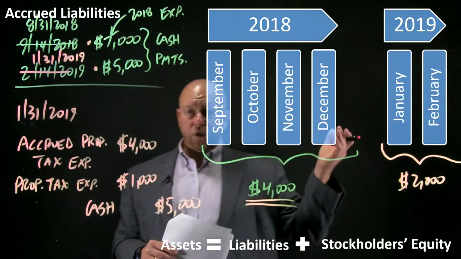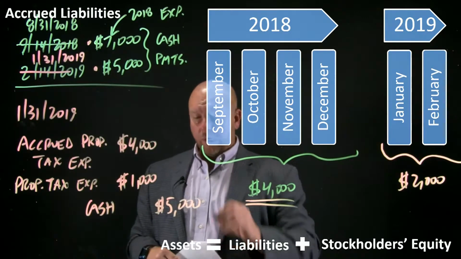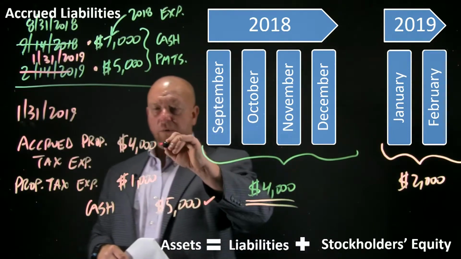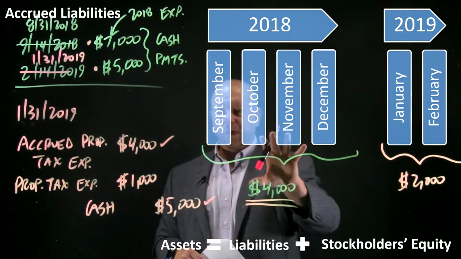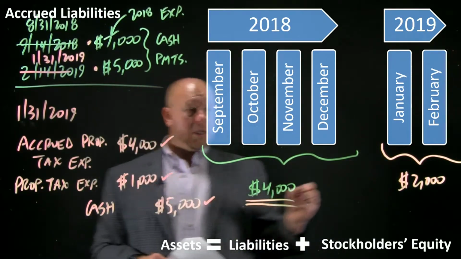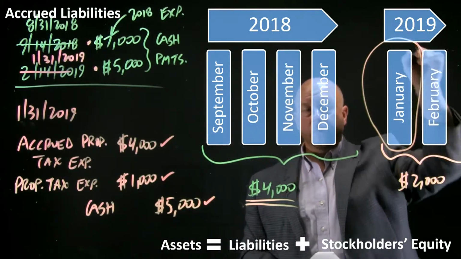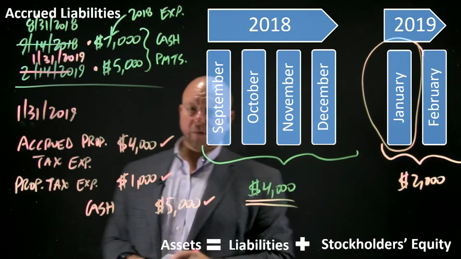So in January, when we make the $5,000 payment, what that consists of is getting rid of the liability from the last 4 months of 2018, and then on the income statement, recording expense just for this month of January, and we're starting to fill out January's income statement.